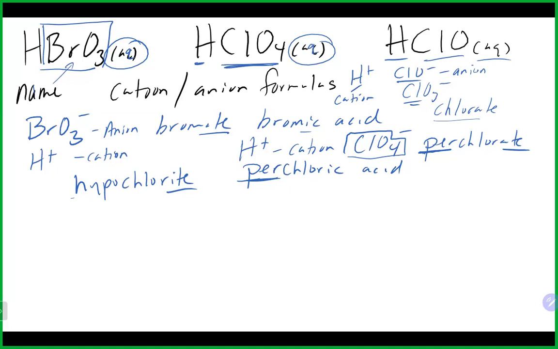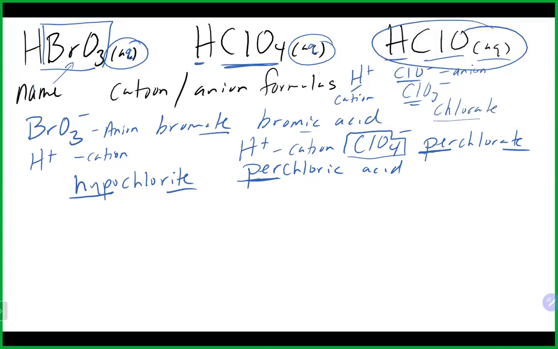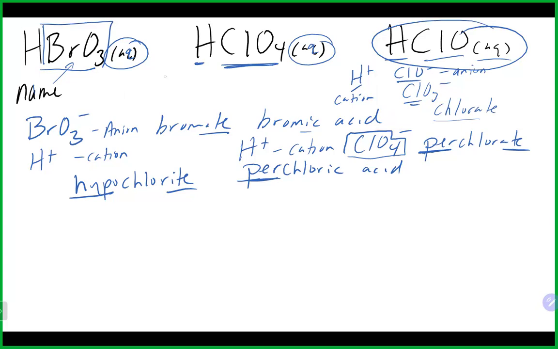On this one we also need to keep that part of the polyatomic ion name. This one up top will become hypochlorous acid. So the ous and the hypo do still stay. Any questions on that one there?